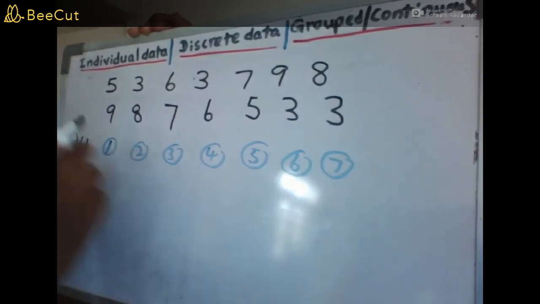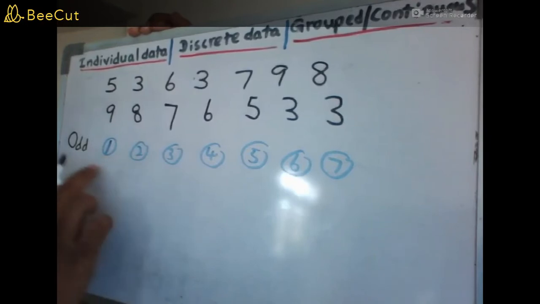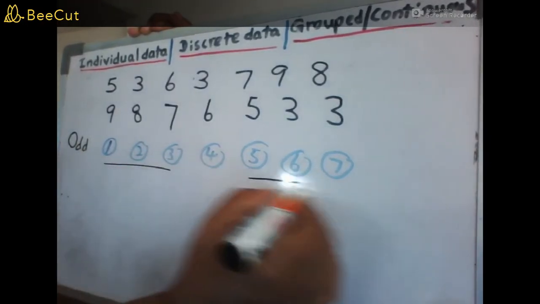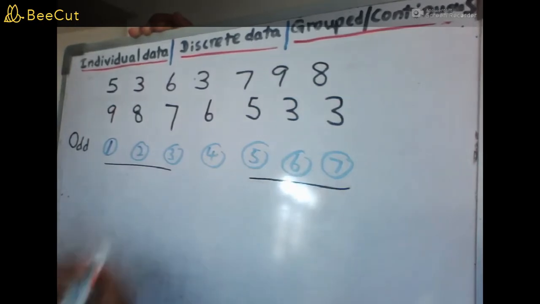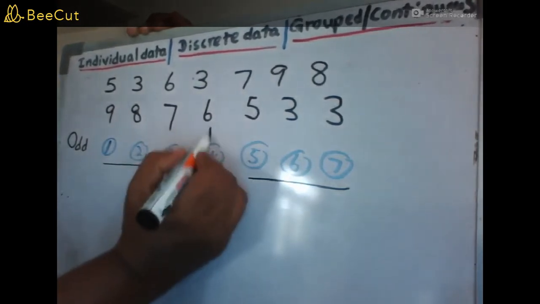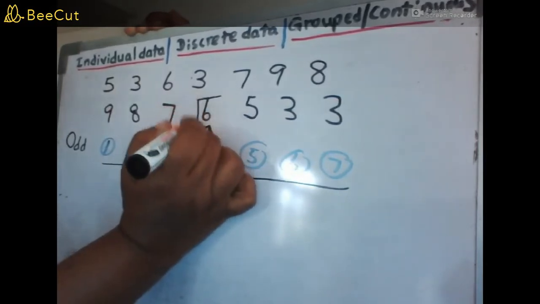When there's an odd number of data, it's easy. Here 1, 2, 3. 3 this side, 3 this side, equal. And this is the middle place, the 4th. So what's the median here? Our answer is 6.